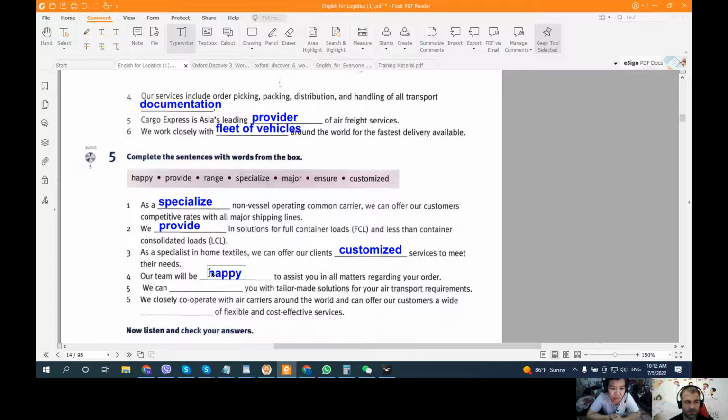Okay, next one. We can ensure you a tailor-made solution for your air transport requirement. And number 6. We closely cooperate with air carriers around the world and can offer our customers a wide range of flexible and cost-effective services.